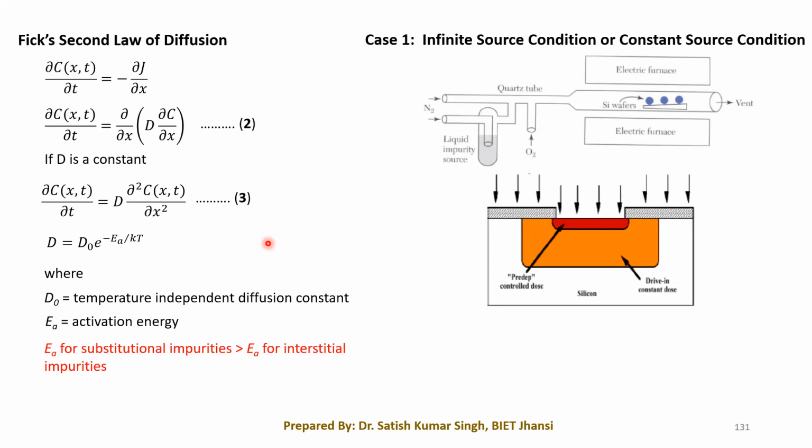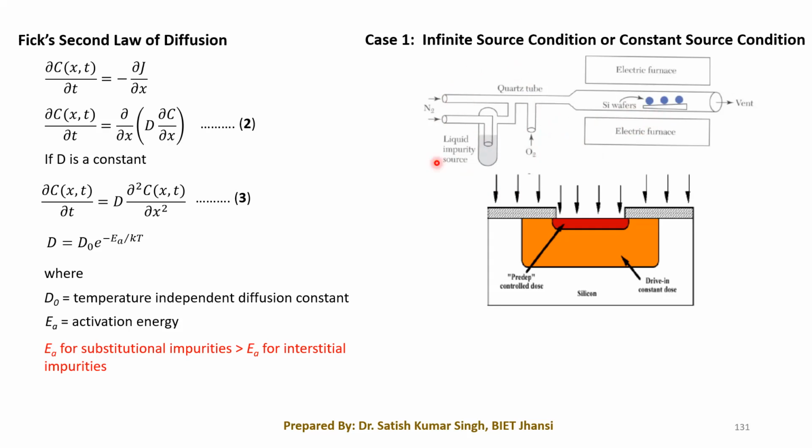In the first case we have the infinite source condition, or we can say a constant source condition. What we do is place our silicon wafers in our diffusion furnace. To diffuse certain impurities, we need a source material.